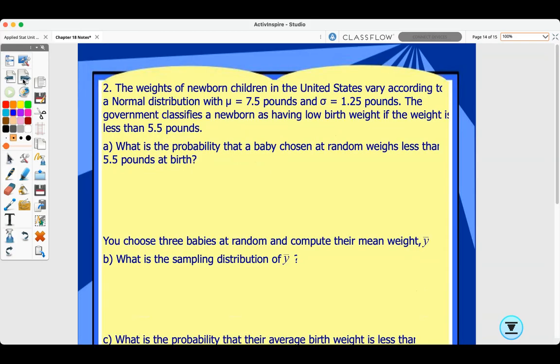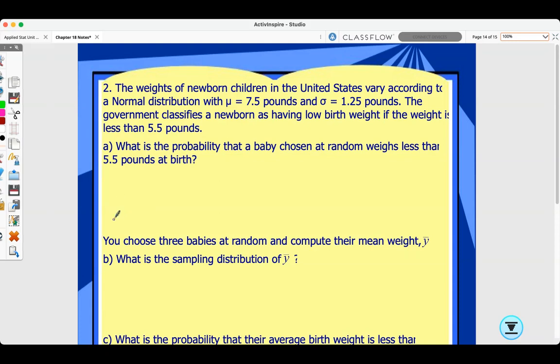The weights of newborn children in the United States vary according to the normal distribution, with mu equals 7.5 pounds and sigma equals 1.25 pounds. The government classifies a newborn as having low birth weight if the weight is less than 5.5 pounds. What's the probability that a baby chosen at random weighs less than 5.5 pounds at birth? So here, let's draw a picture of this first.